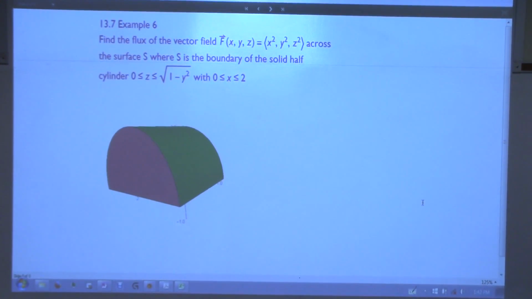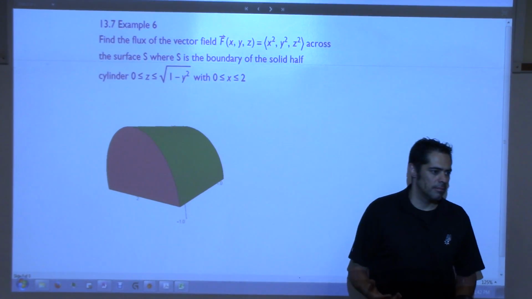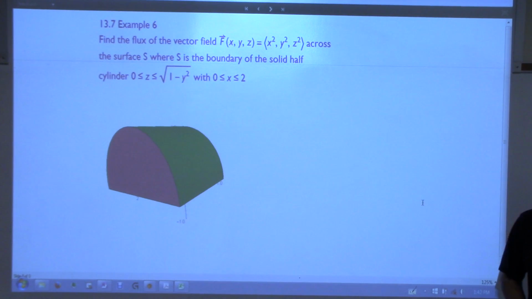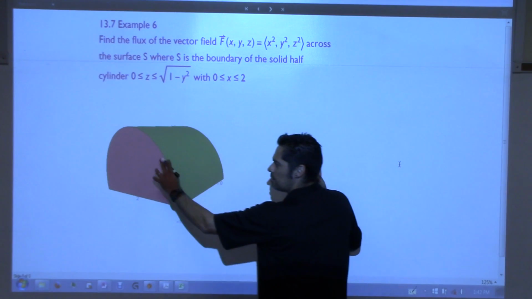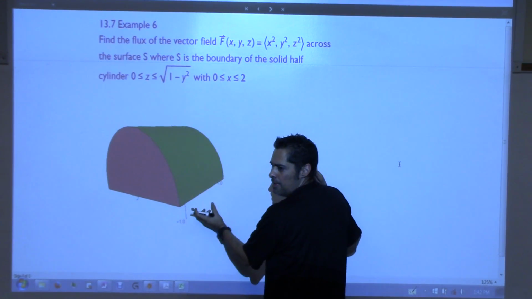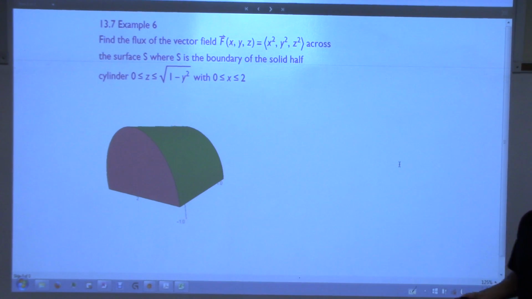Whenever you use the n in the problem, that's a very short way to the answer. But all of these could have been done with the original formula. But then you would have to find a parametric representation for each of these, and then take the partials and cross them. It can be tedious. But you can check it for yourself. It would work out the same.